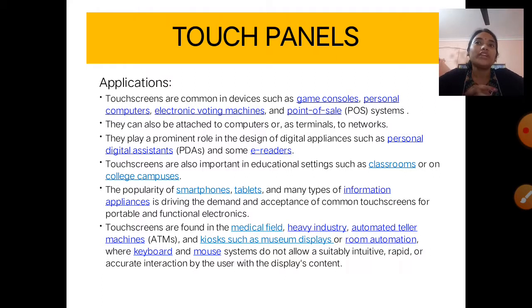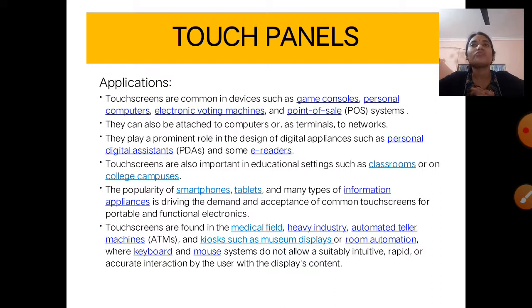The popularity of smartphones, tablets and many types of information appliances is driving the demand and acceptance of common touch screens for portable and functional electronics.